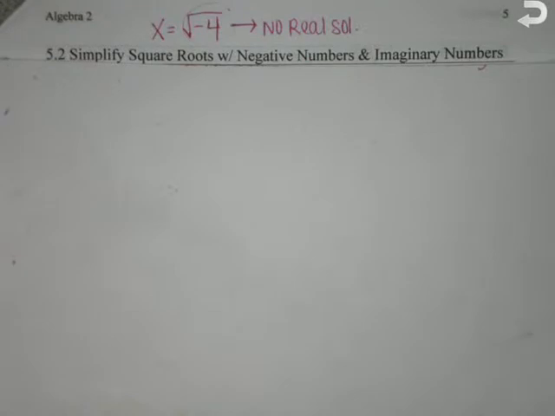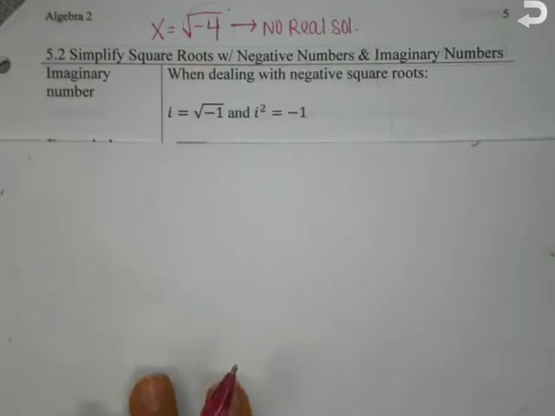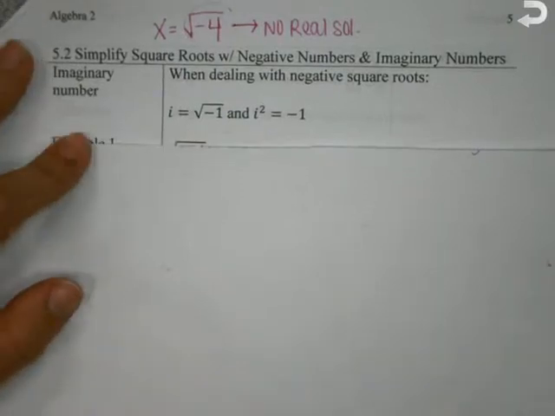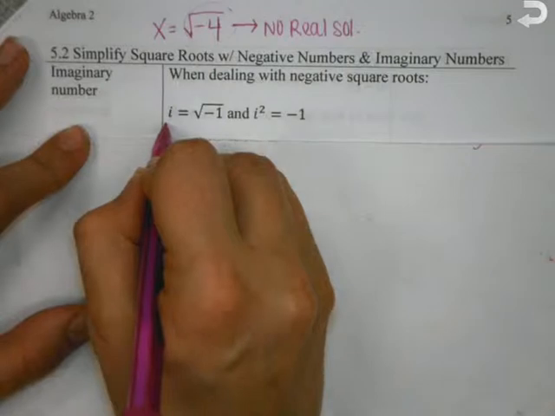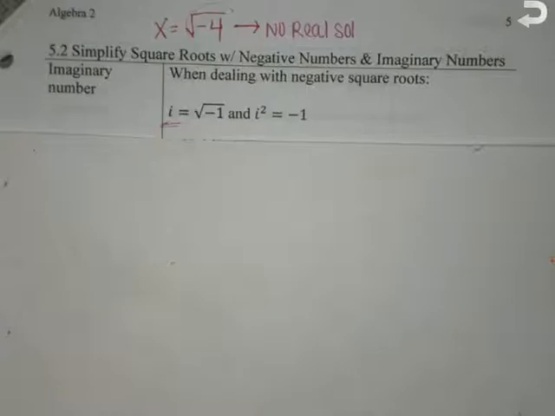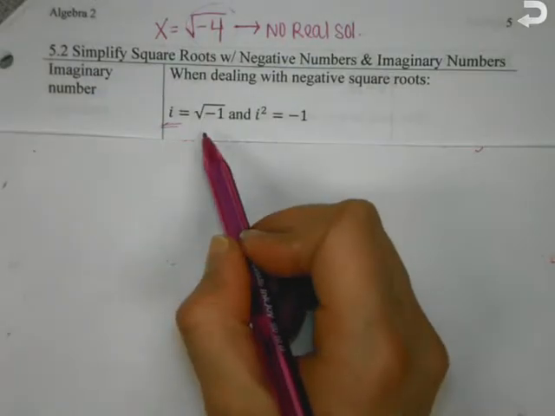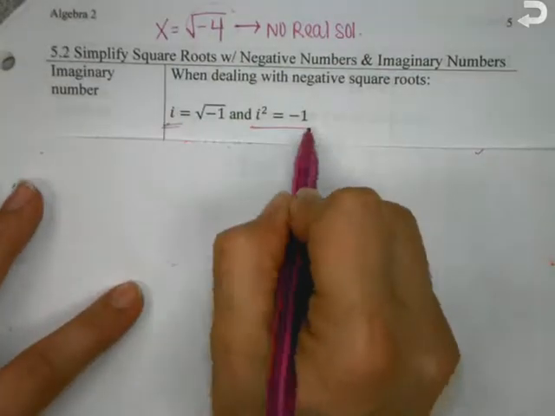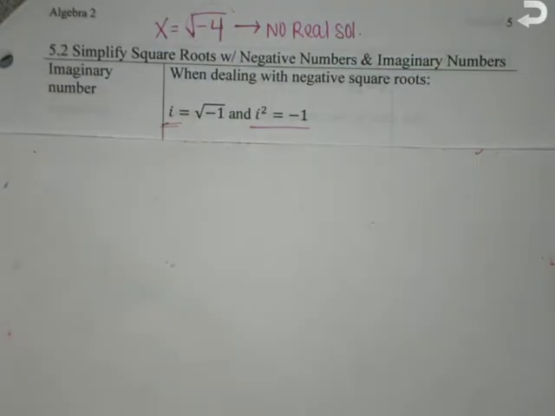So what we need to know for imaginary numbers: when we have negative square roots, we have the letter i, which represents the imaginary number, and that letter i is equal to the square root of -1. So now anytime we see square root of -1, we just replace it with the letter i. Okay? So that means that i squared is equal to -1, which is something we have to have memorized.